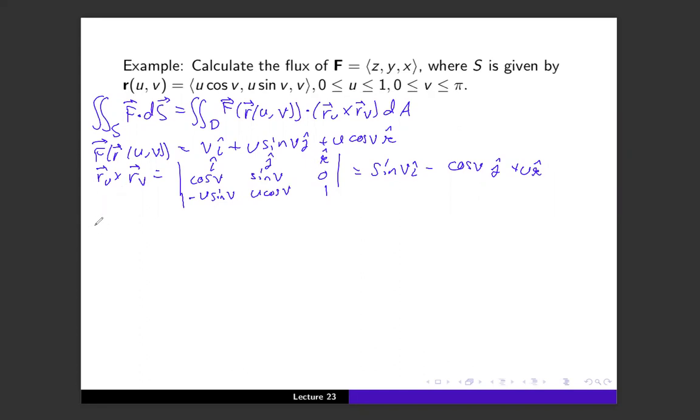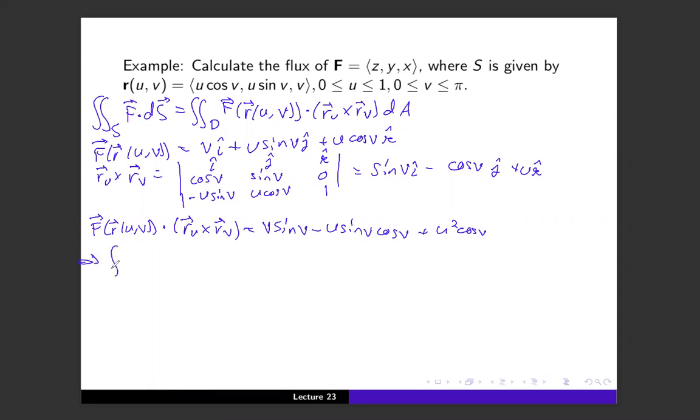So you take the dot product of those things. F of r(u,v) dotted with r_u cross r_v is v sine v minus u sine v cosine v plus u squared cosine v.